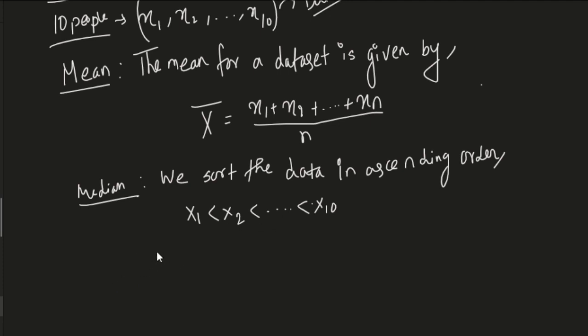Now, since there are an even number of them, there are two middle points, that is x5 and x6, and they contribute to the median m, which is given by the average of these two.